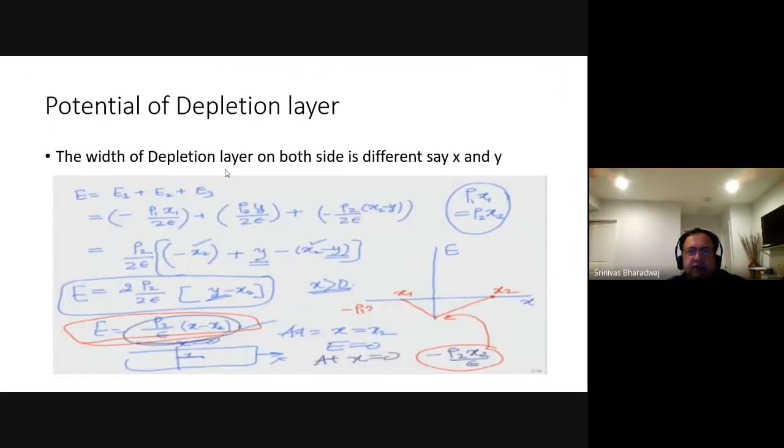Okay. The width of the depletion layer, if you say it is x and y, right? Then you can calculate ρ1x1 by 2ε, right? And ρ1y1 by 2ε. And then ρ1 times (x2 minus y) by 2ε.